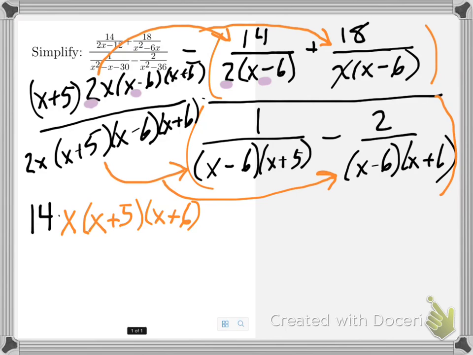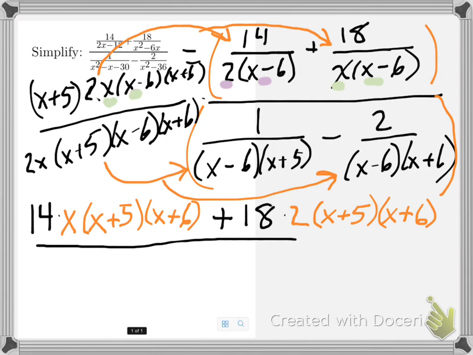And so I do the same kind of thinking in the next one. When those 5 factors hit the 18 over x times x minus 6, this time it's going to be the x and the x minus 6 that schwack out. The 18 is still there, but now the 2, the x plus 5, and the x plus 6 are still around.